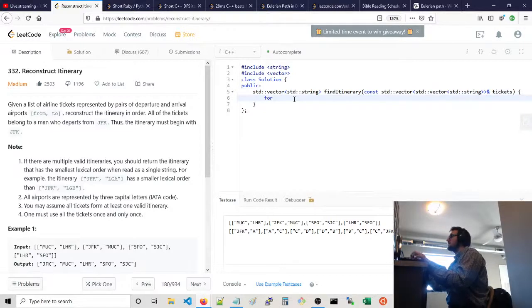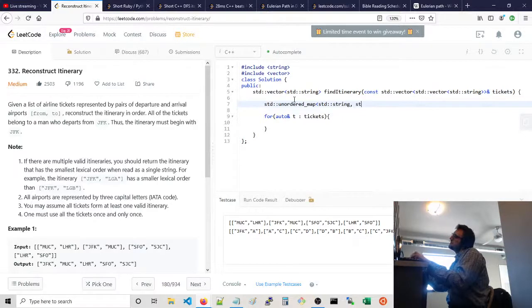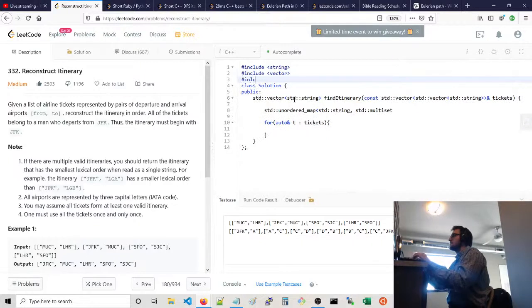We're going to say for auto t in tickets. So a, not a vector, but an unordered map of strings to multiset. We want to store our strings in that, and we're going to call that G for graph.